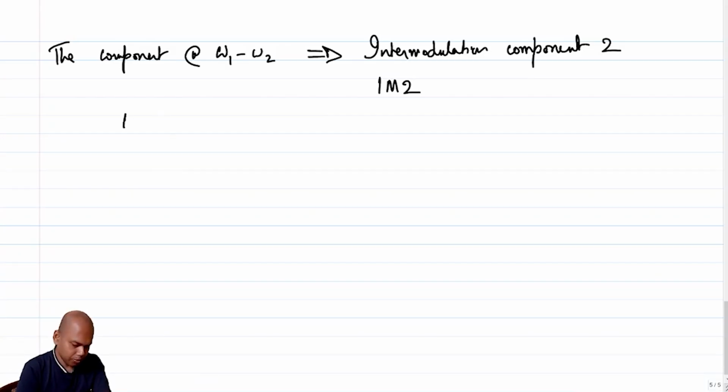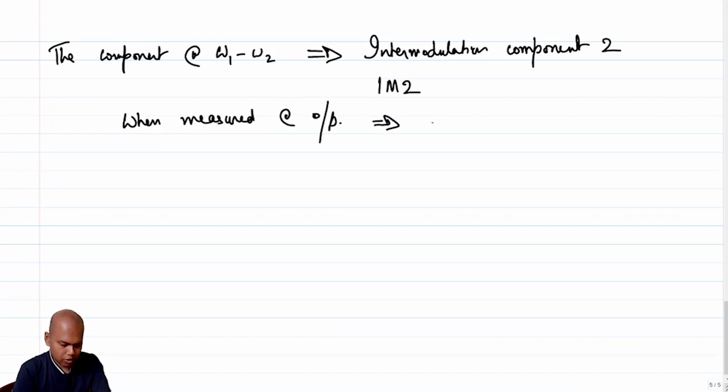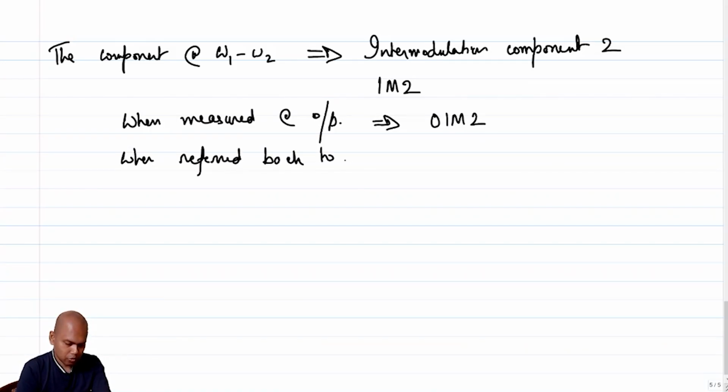When measured at the output, this is called OIM2, and when referred back to the input, this is called IIM2, right?